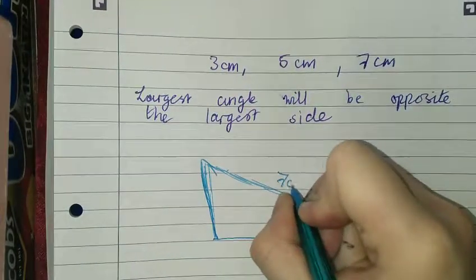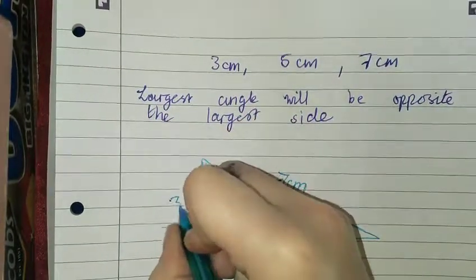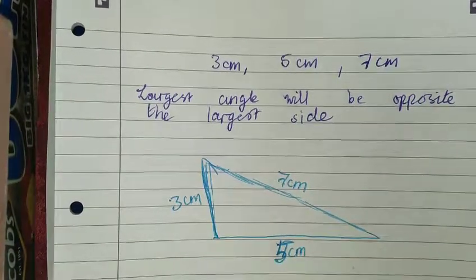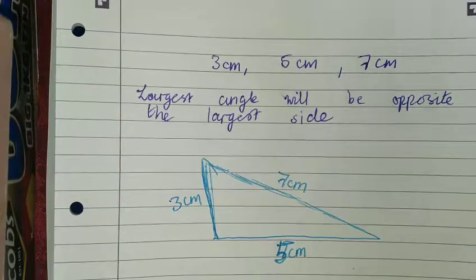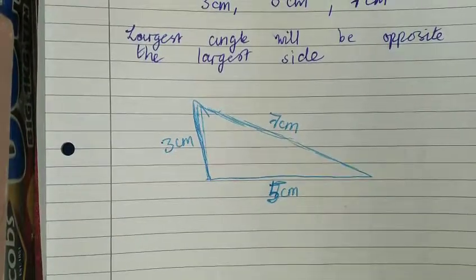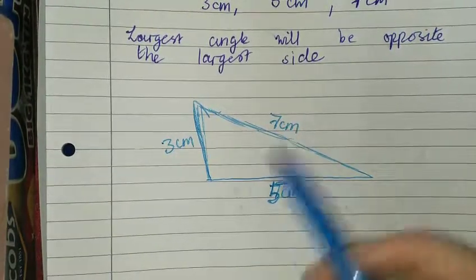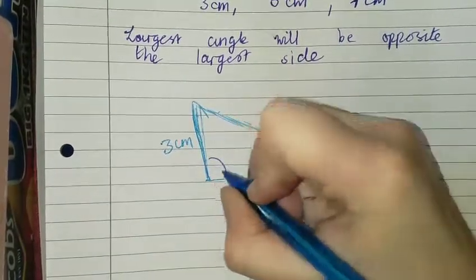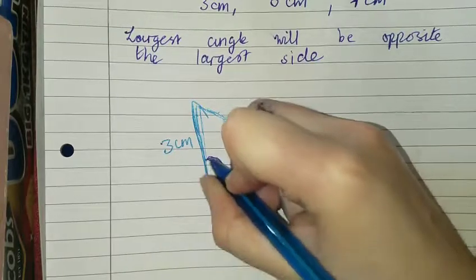So say this was 7 centimeters and say this was 3 centimeters. So it's not necessarily going to be a right angle. So find the size of the largest angle in the triangle. So the largest angle is going to be opposite the longest side. So it's going to be this angle here.